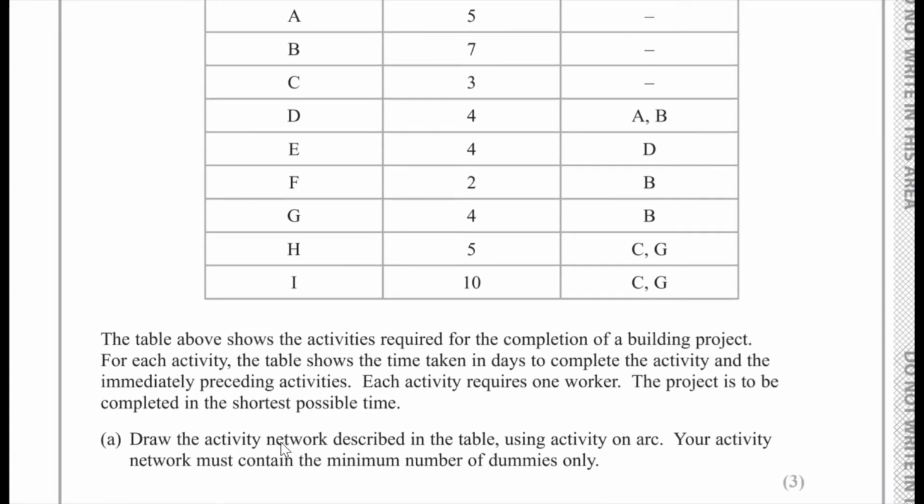We have to draw the activity network described in the table using activity on arc. Your activity network must contain the minimum number of dummies only. Okay. I think this question requires a fair bit of thinking. So I think if we take this slowly, hopefully, we should be able to get through it.